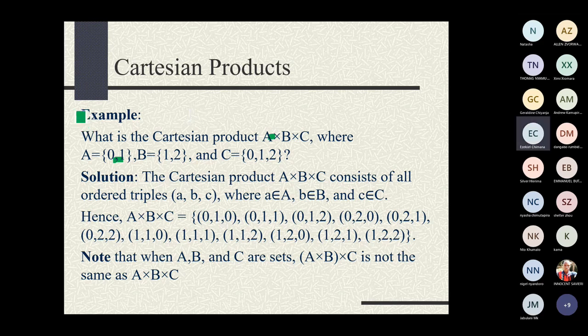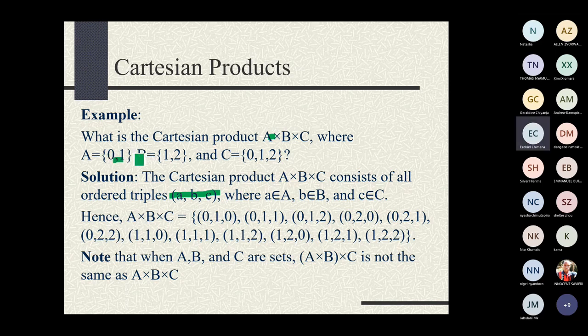Then 0 again with the next element and the rest. Then you go on to 1, and pair 1 with this element and the rest. So at the end of the day, with three sets, each element has the form (a, b, c), where a belongs to A, b belongs to B, and c belongs to C.